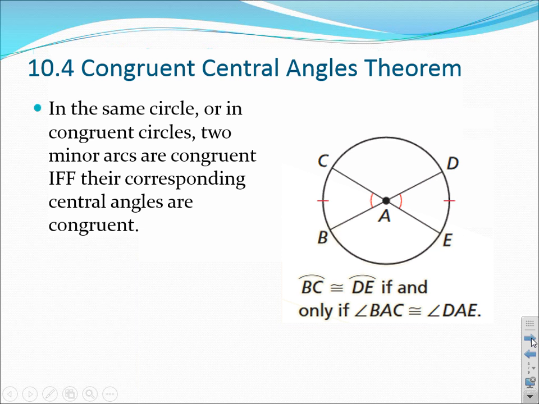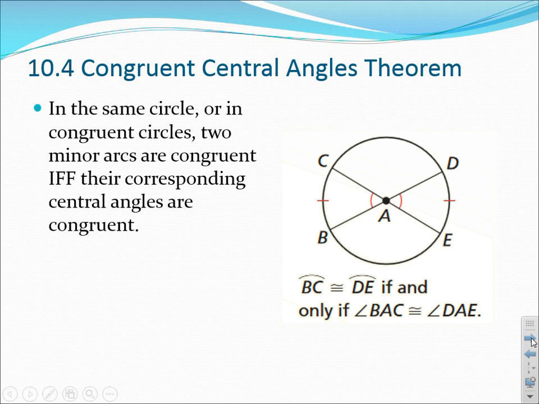All right, the next theorem under identifying congruent arcs is 10.4, looking at congruent central angles. It says in the same circle or in congruent circles, two minor arcs are congruent if and only if their corresponding central angles are congruent. So as long as those central angles are congruent, trace those angles and the arc that's formed, and those arcs should be congruent.